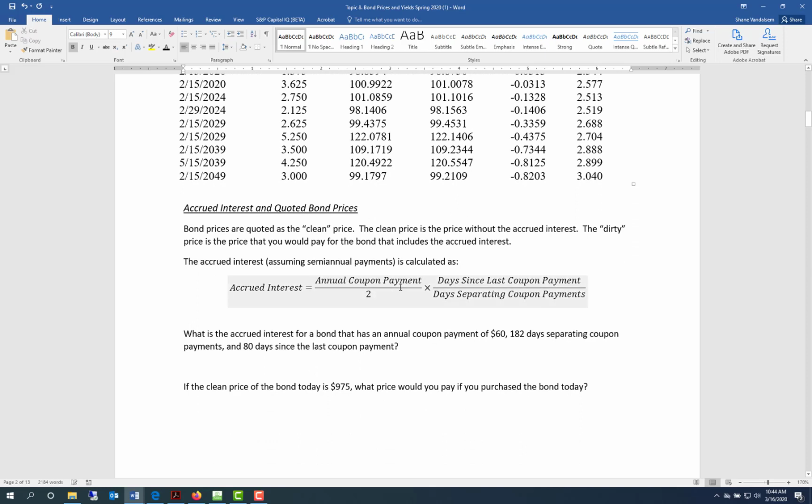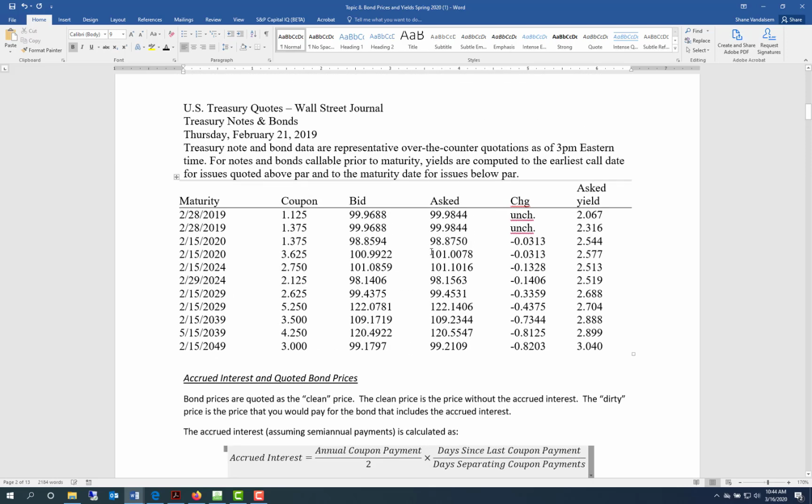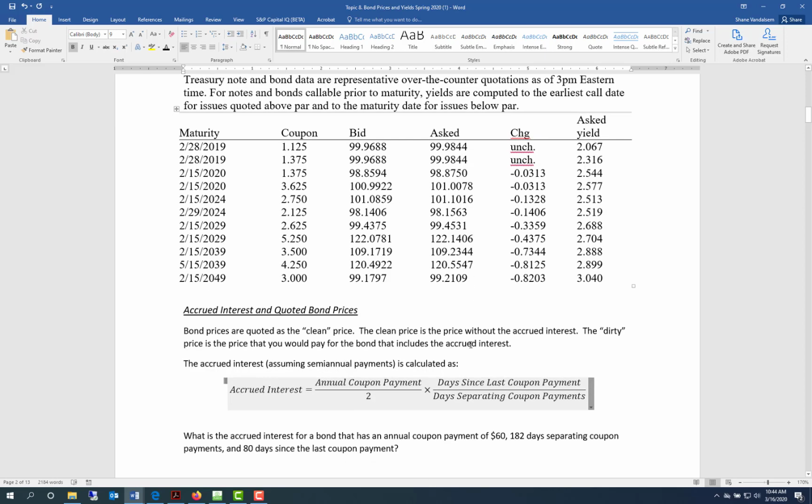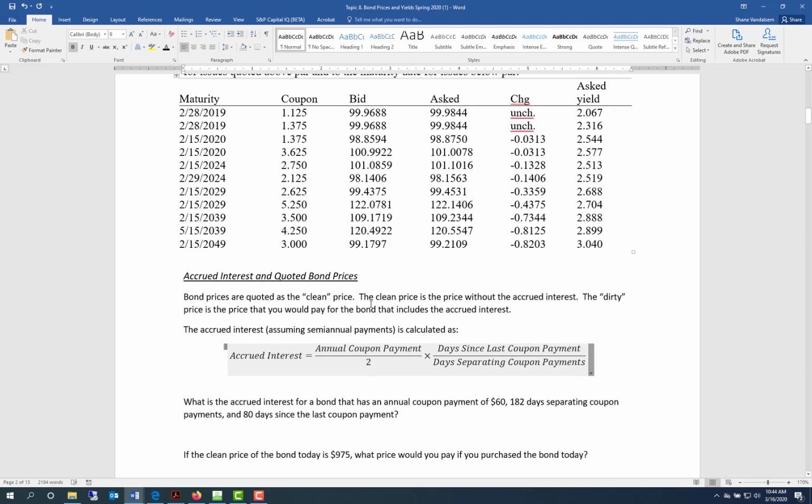When bonds are traded between different investors, there's going to be a clean price, and that's going to be the price that's being quoted. So in this case, the ask price on here would be your clean price. The dirty price includes the accrued interest. So if you think about it, let's say that the bond pays semi-annual interest payments, and let's say I buy the bond when we're in the middle of the time period between which the interest is paid.